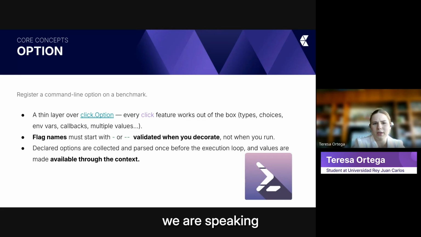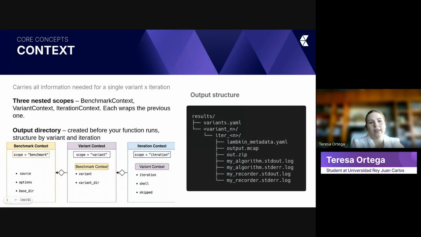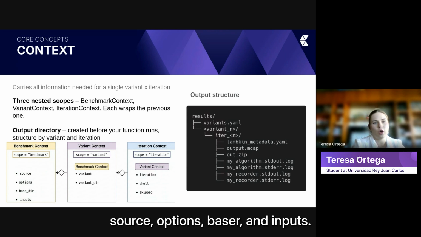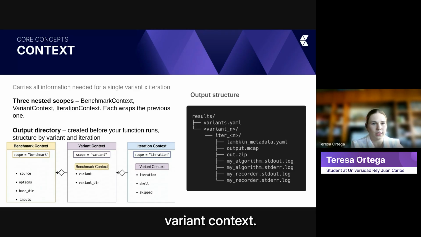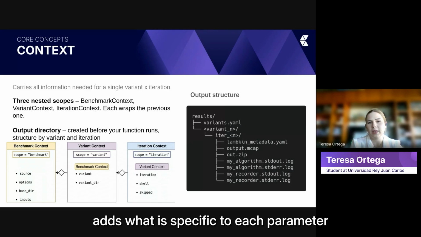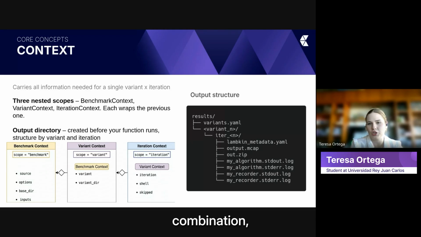Speaking of the context, let's look at what it actually is. The context isn't a single object. It has 3 nested levels. At the base, we have benchmark context that holds everything shared across the full run: source, options, base year, and inputs. Inside it, variant context adds what is specific to each parameter combination, variant and variant year.